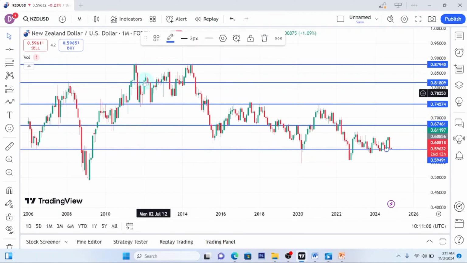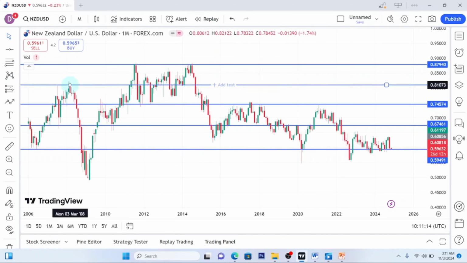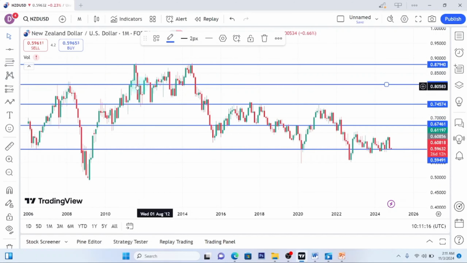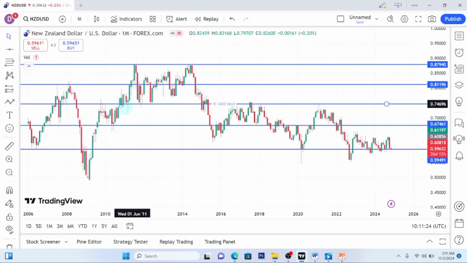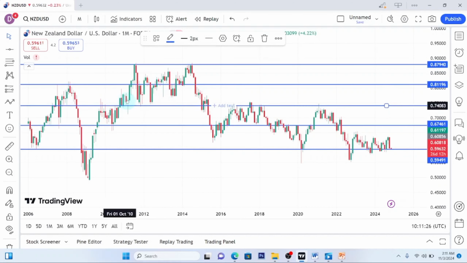Now these are the zones. If you look at it, how am I marking the zone? I'm following this point here. You see this wick here? There's a lot of wick here, a resistance zone. You can see it here now, and also at this point too. You can see there is resistance here and here.